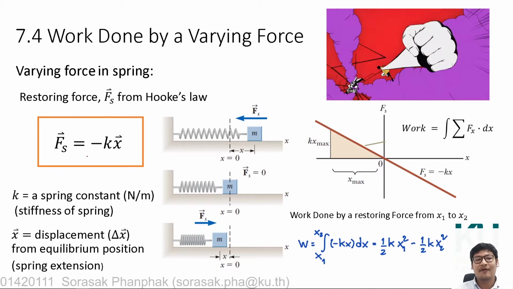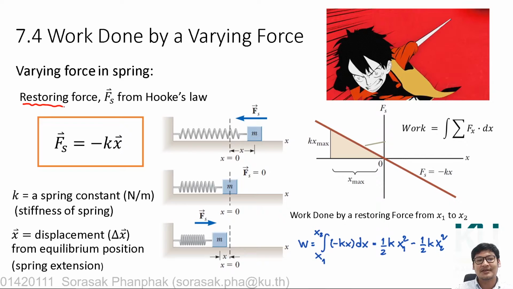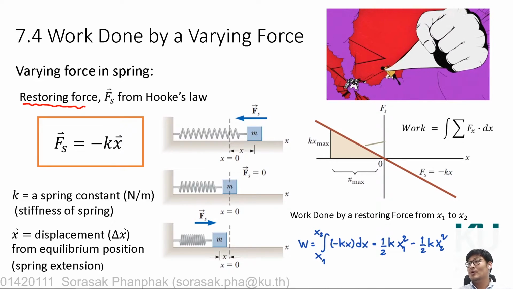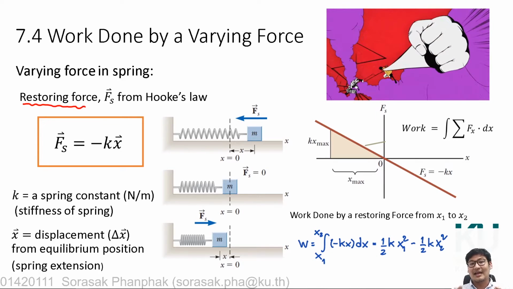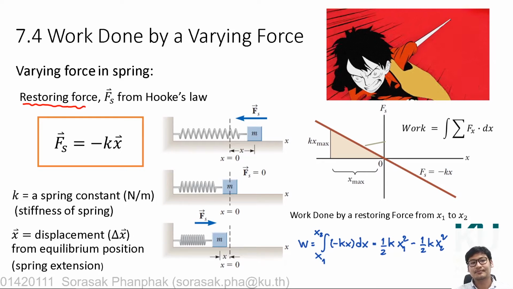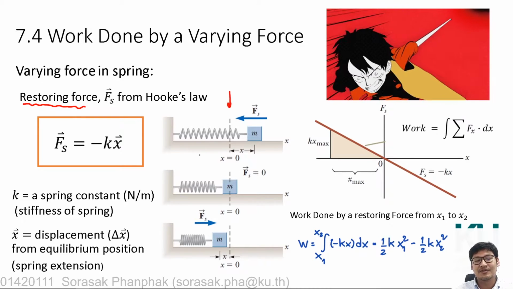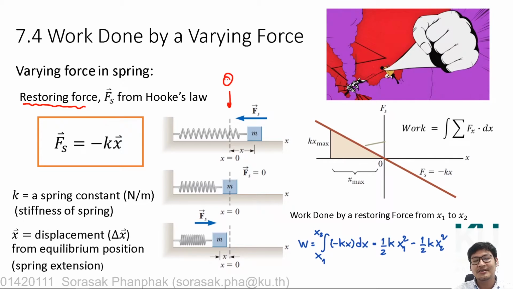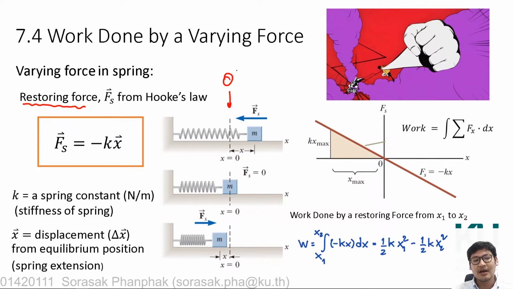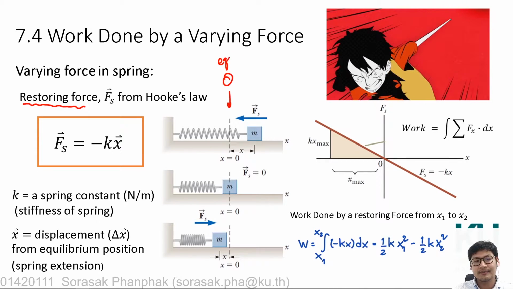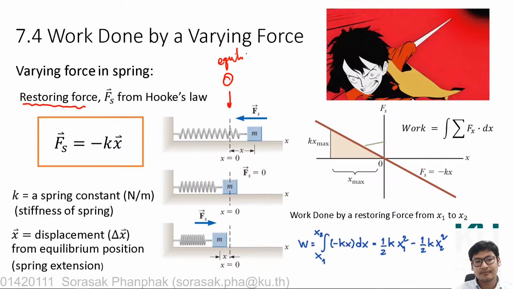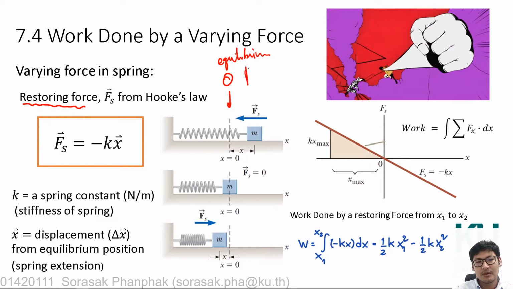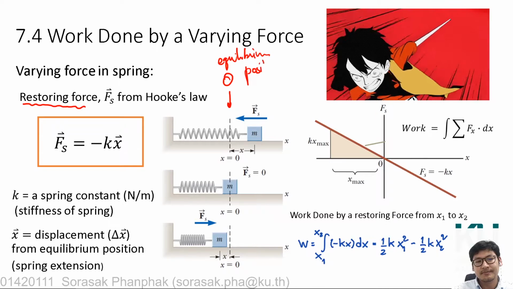We call that type of force a restoring force, because it is trying to restore the position to its equilibrium position. The position where the spring is not pulled, we call the equilibrium point, or position.